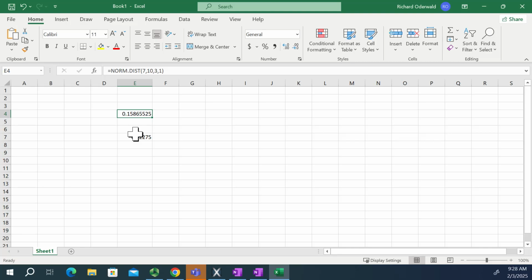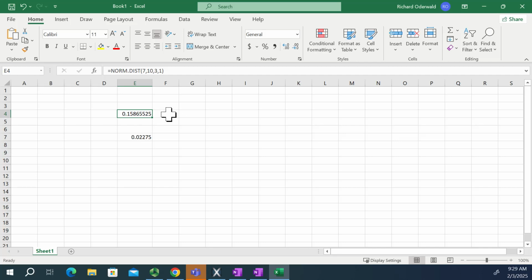I want to find that 68. But everything in this function comes from the left. So I have to get what's below 7 and what's below 13 and subtract them.